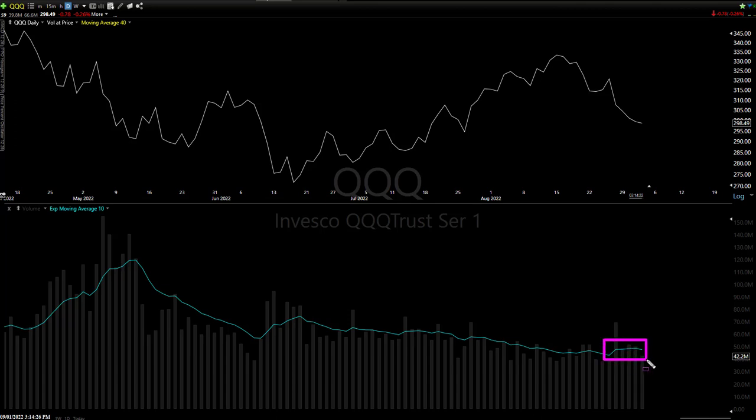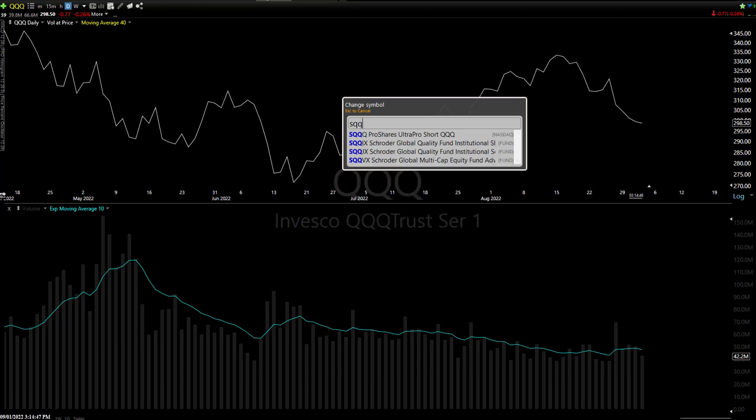But we had a pickup, but nothing huge. You can see I have a 10-period exponential moving average, a blue line on the volume, and the volume bars here are the gray bars. So a little bit of an uplift, just right about in line with the 10-day. Again, a slight uptick on the last 4 or 5 days, last week or so, of selling, and so that shows you what the Qs did.